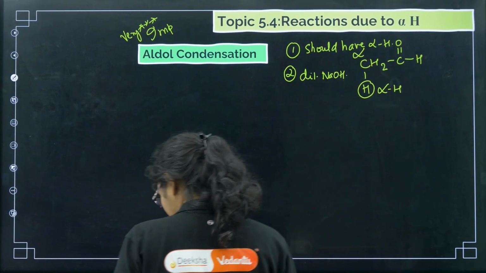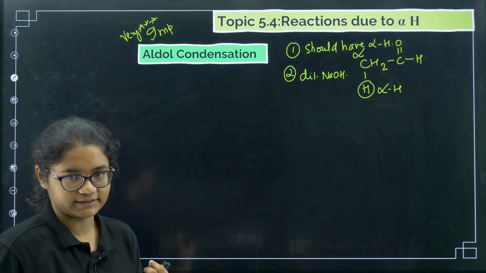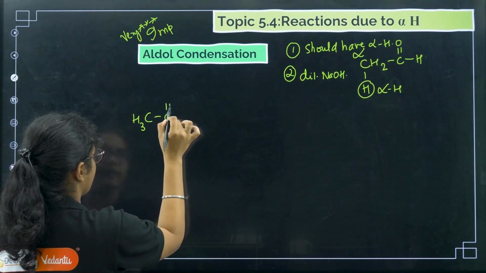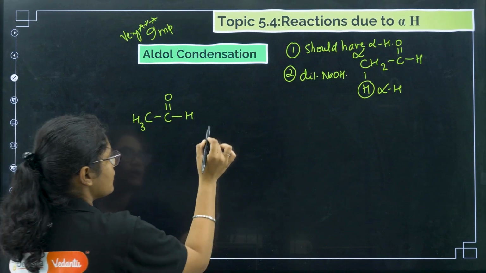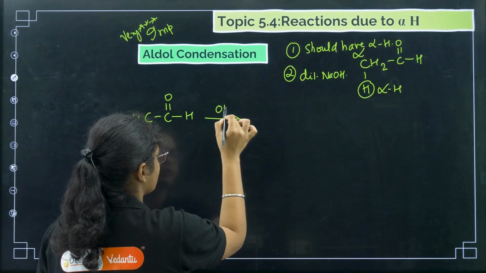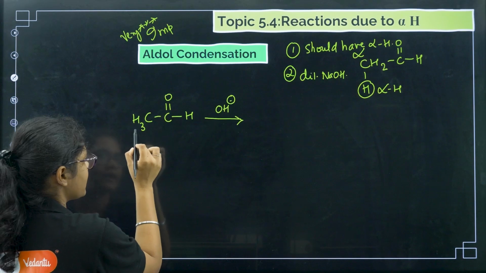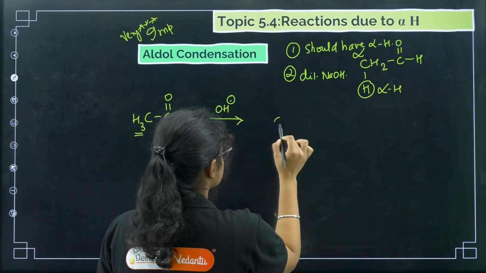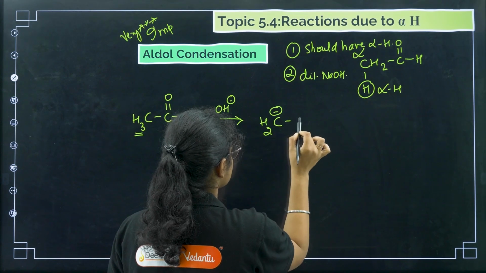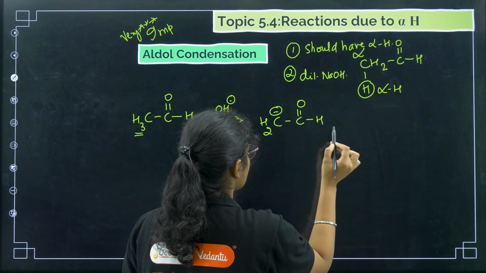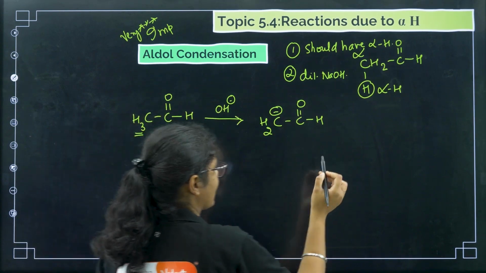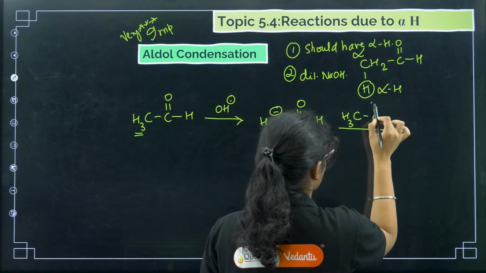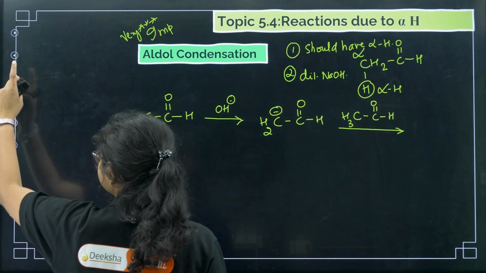Now we'll see one example of aldol condensation. Take a simple reaction, for example CH3COH. In the presence of dilute NaOH, which is a base, it will abstract the alpha hydrogen. So I'll get CH2⁻COH. Now we take another molecule of this aldehyde, CH3COH.